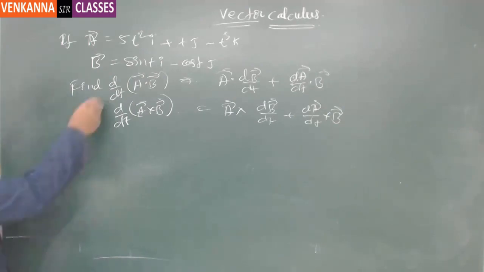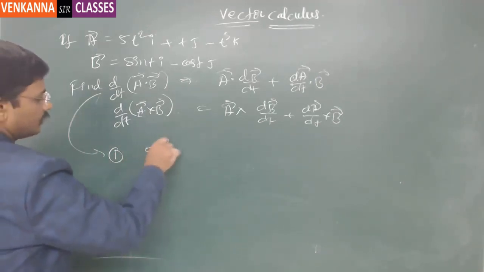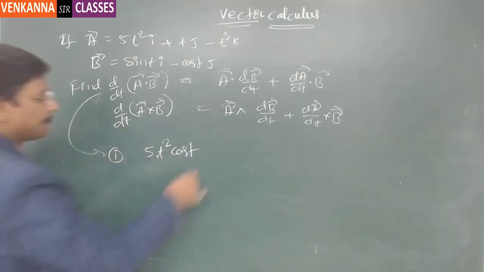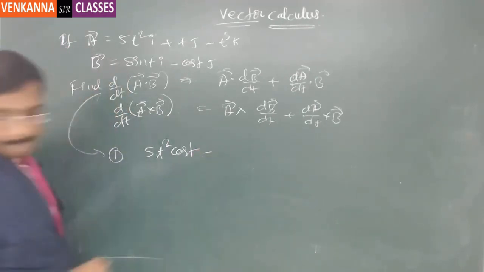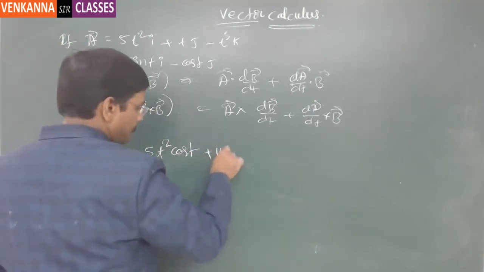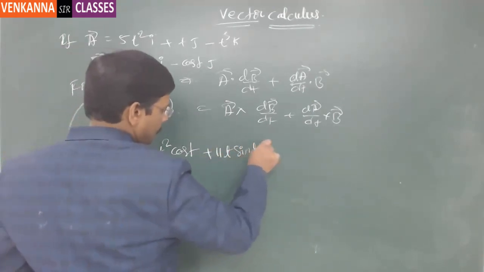So the first one, this answer is 5t square cos t (11t sin t minus cos t) plus 11t sin t minus cos t.